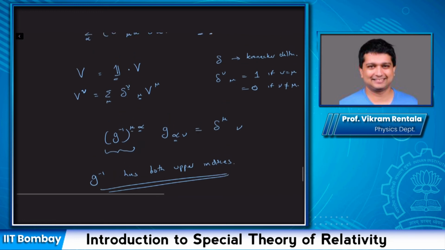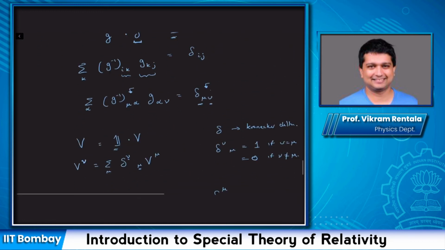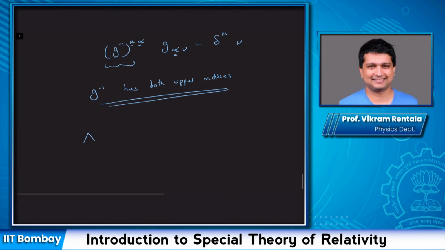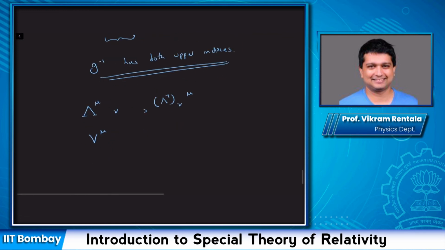Okay, so summarizing a few things: the transformation matrix lambda has an upper index and a lower index like this. Vectors have an upper index like this. The matrix lambda transpose has a lower index here and an upper index here. The metric G has two lowered indices, and the metric G inverse has two raised indices.